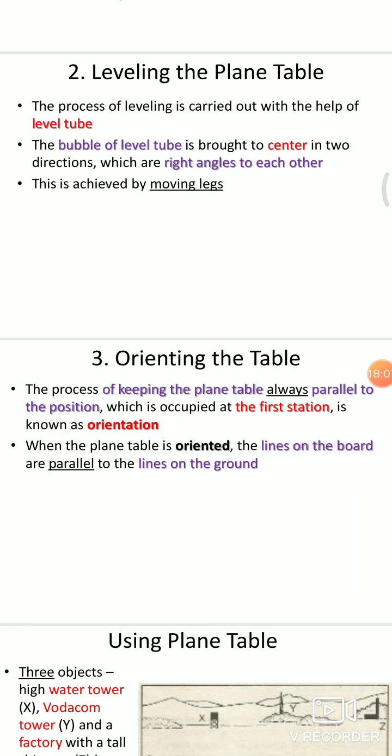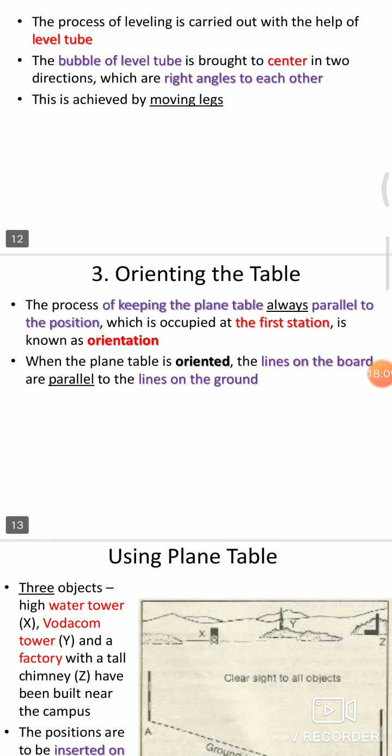The third step of setting up the plane table is the orientation. Orientation is the process of keeping the plane table always parallel to the position which was occupied at the first station.